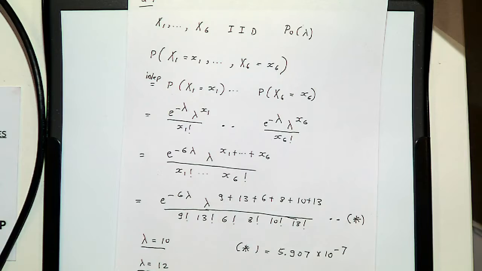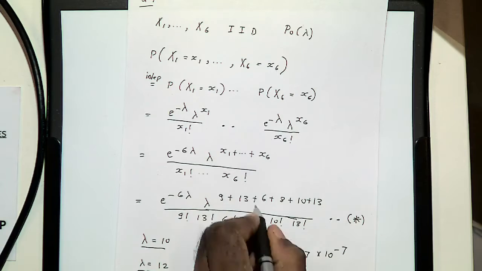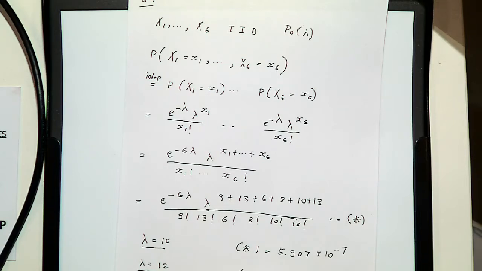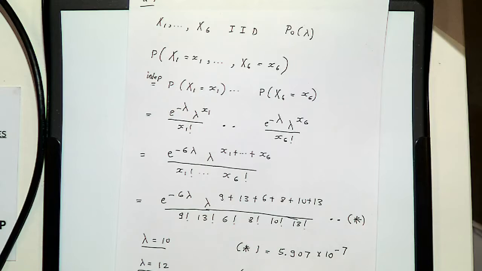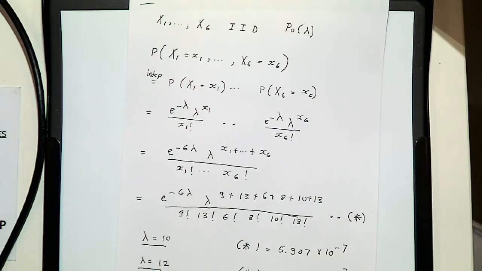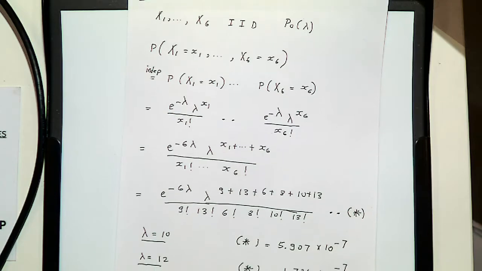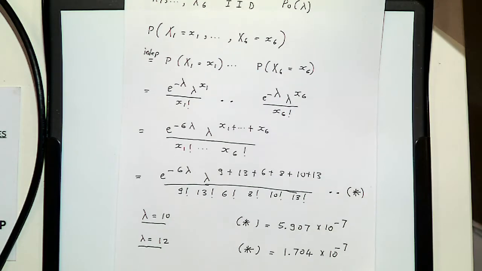And if you put lambda equal to 12 into star, you will get 1.704 times 10 to the power minus 7. So this is the joint probability when lambda is 10, and this is the joint probability when lambda is 12.